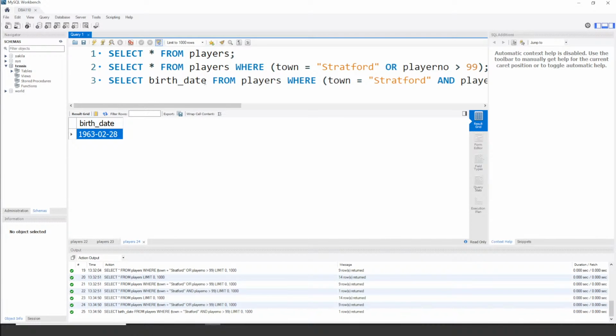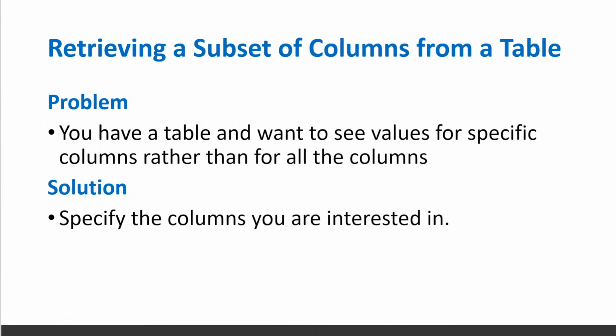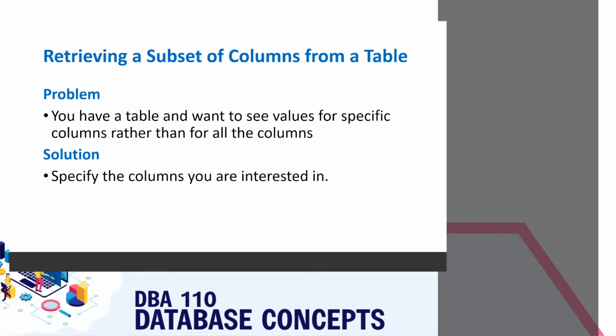If you want multiple columns, you can separate them with commas. But before I get too deep into the weeds with that, let me pull up my slideshow. So if you have a table and you want to see values for specific columns, rather than all of the columns that are in the table, you can specify the columns you're interested in.